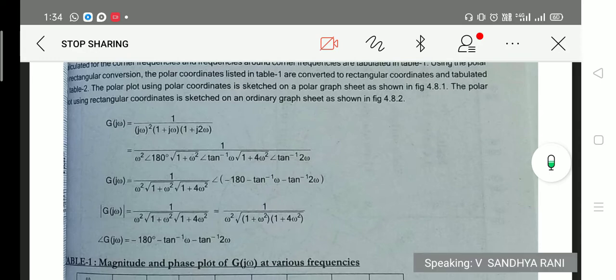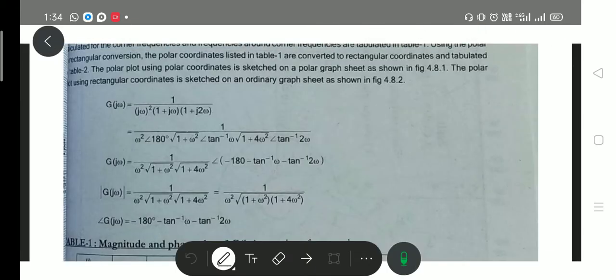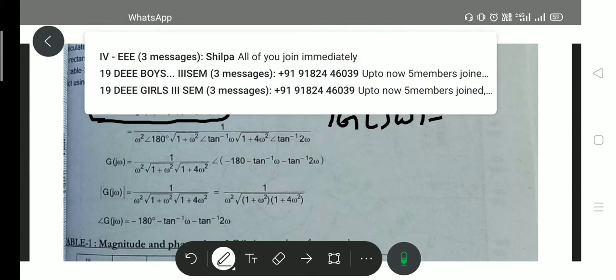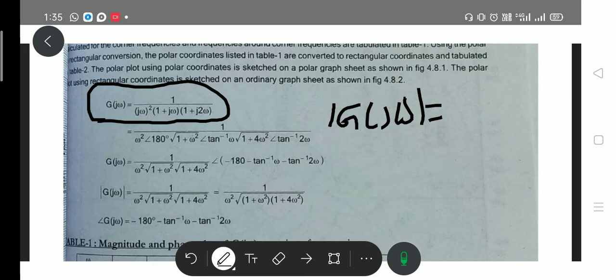First, I am calculating the magnitude of the system after substitution of j omega in place of s. Mod of G(j omega) is equal to 1 by, the magnitude of (j omega) square is omega square.